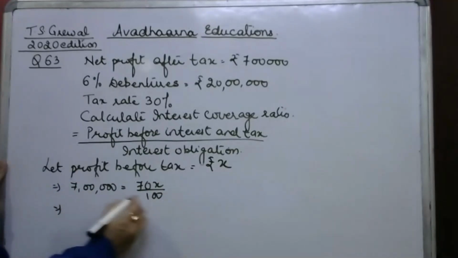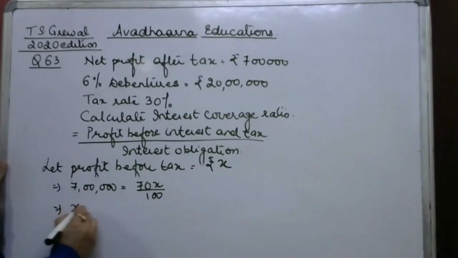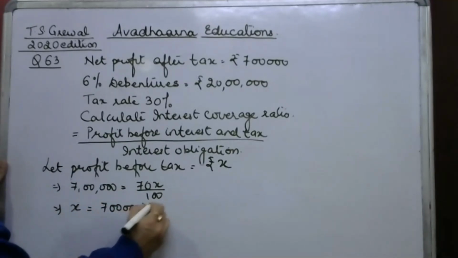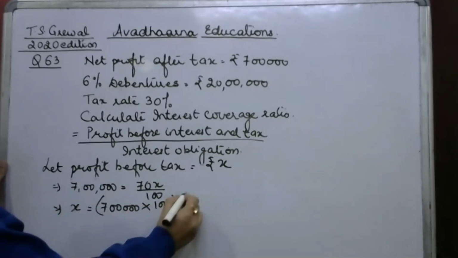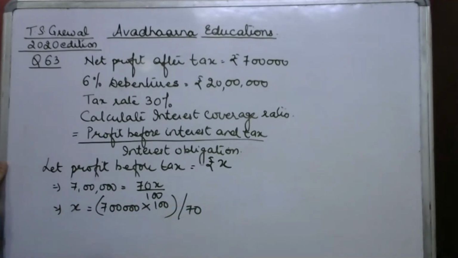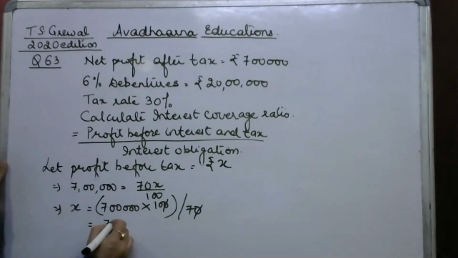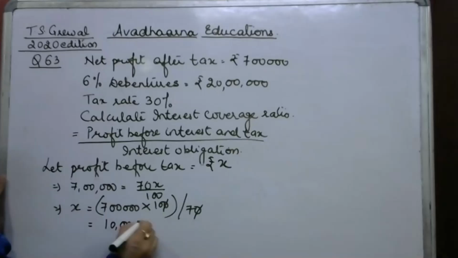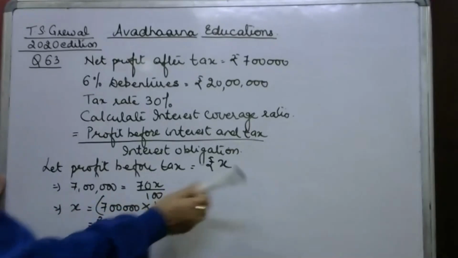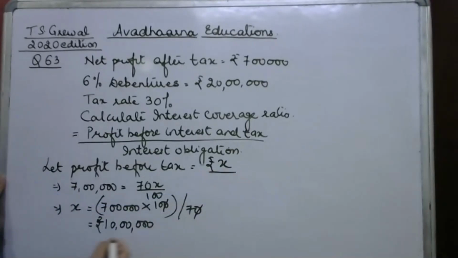So if I calculate this, I'll get x is equal to 7 lakh into 100 divided by 70. If I solve it, I'm going to get 10 lakh.